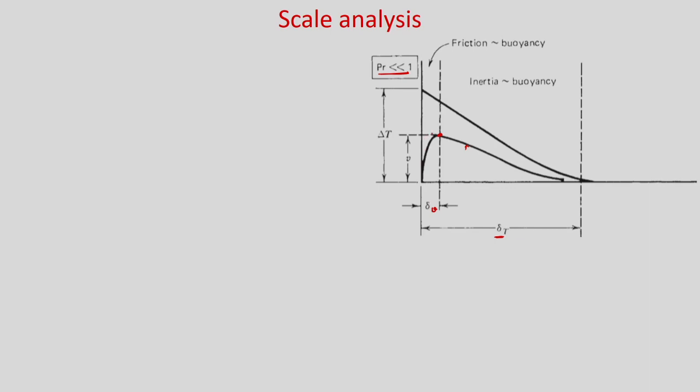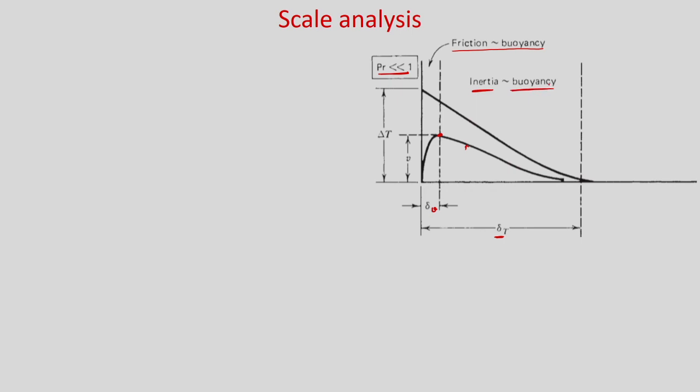So, viscous effect will be acting only near the solid wall, and your viscous force will be balancing the buoyancy force inside this layer delta V. But outside you can see viscous force will be less, and here inertia will be comparable with the buoyancy force.